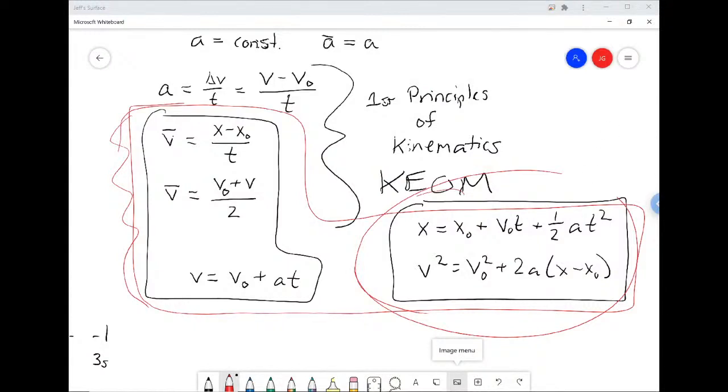They are just algebraic combinations and simplifications of these three equations over here. So these guys are not unique; these guys are the foundation of these guys. But sometimes these are useful, so it's worth deriving.